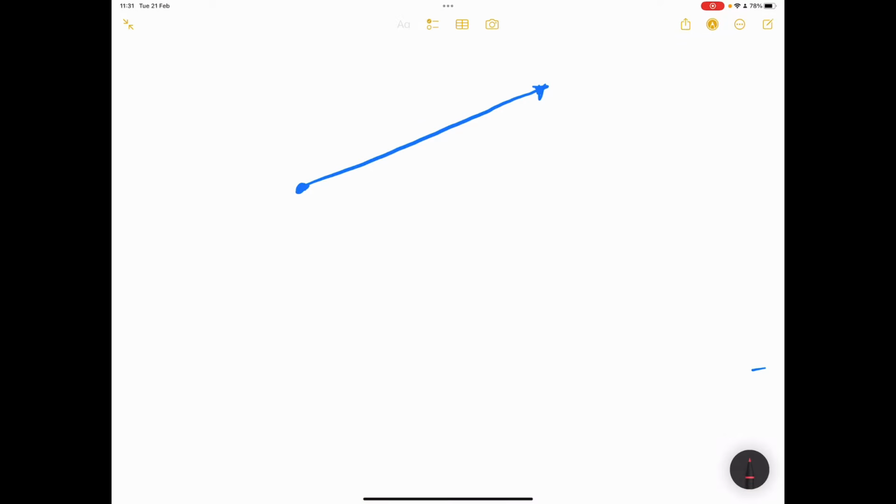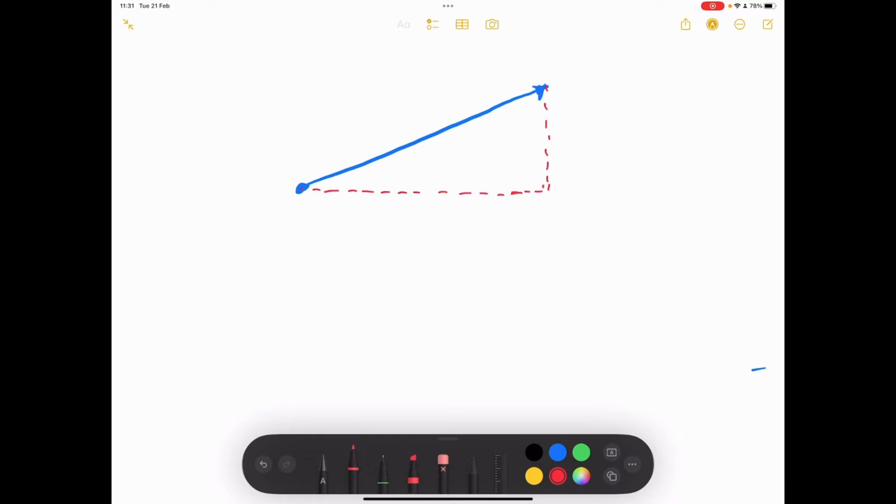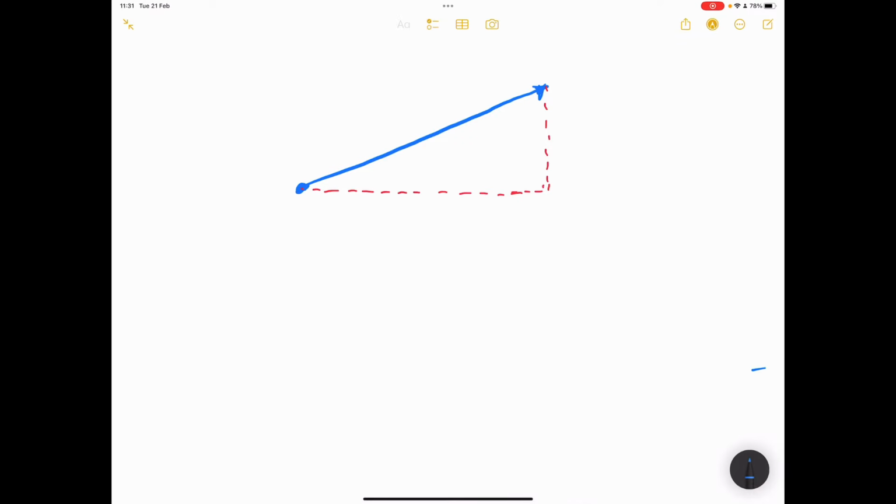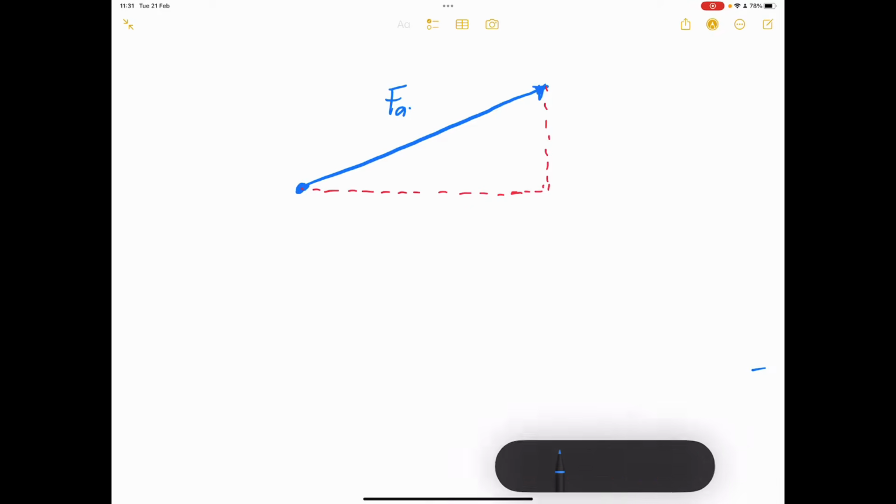So now we need to break that force down into components, the horizontal component and the vertical component. Let's call that force force applied. I'm just going to designate it FA.